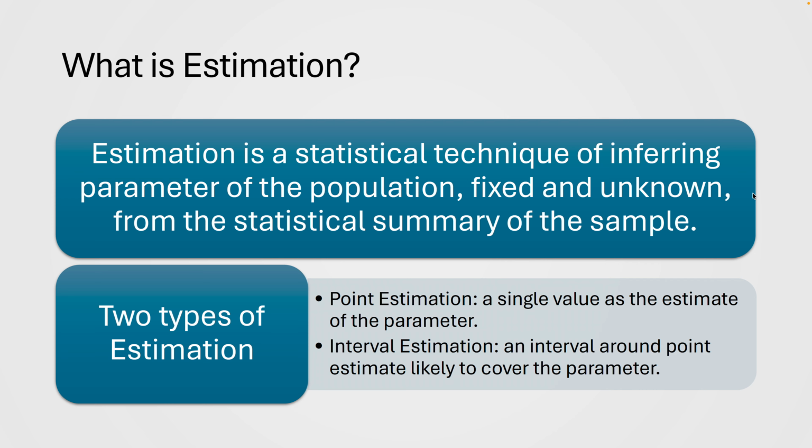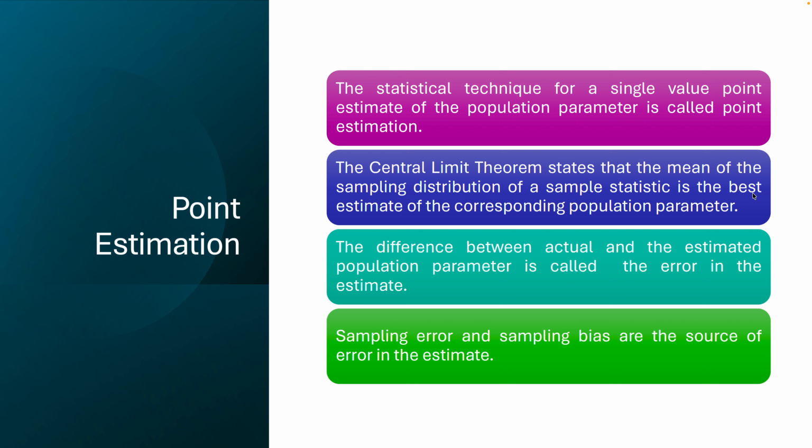Let's understand point estimation and the limitation of it. The statistical technique for a single point estimate of a population parameter is called point estimation. This point estimate is a single value which we equate to the sample expected value or the sample statistic.